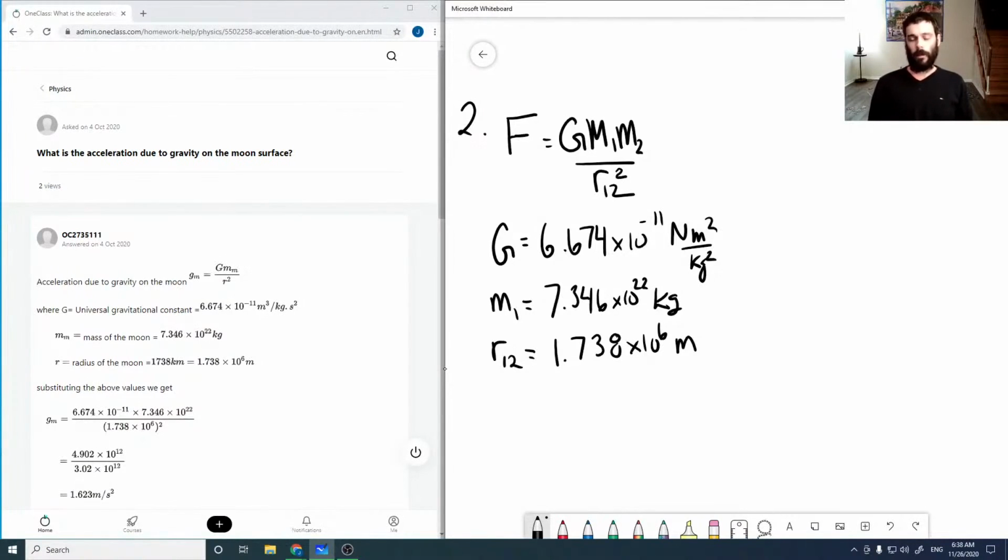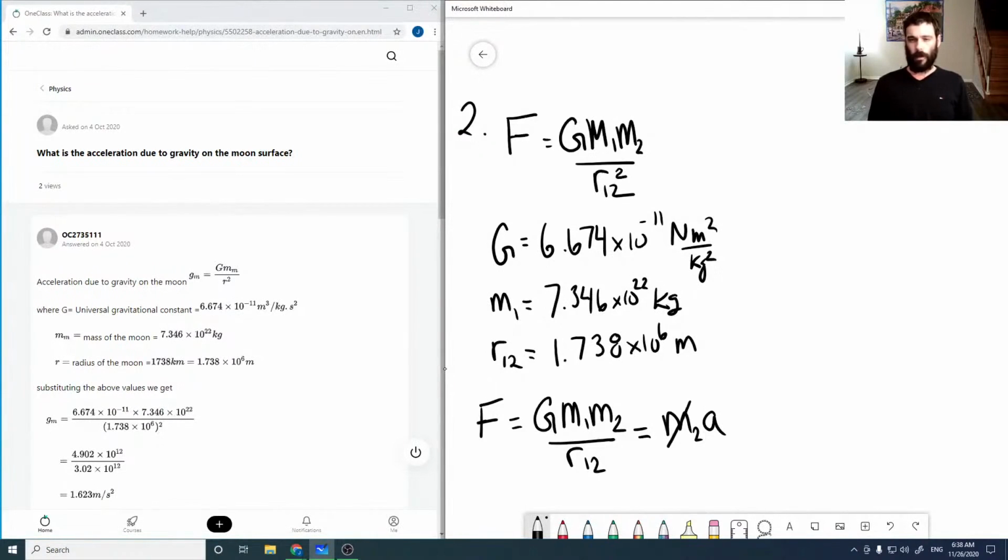To illustrate this, our force is G m1 m2 over r12 squared, and that force is going to be m2 a, right? F equals ma, where m2 is the mass of whatever object we're considering, and that's the gravitational force.